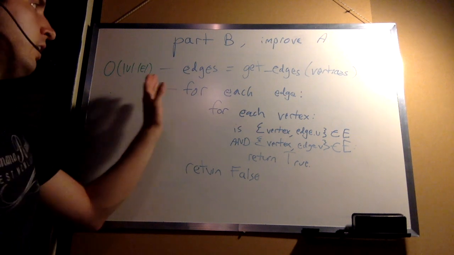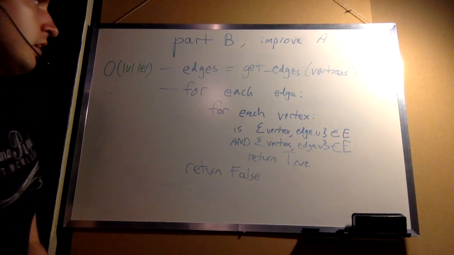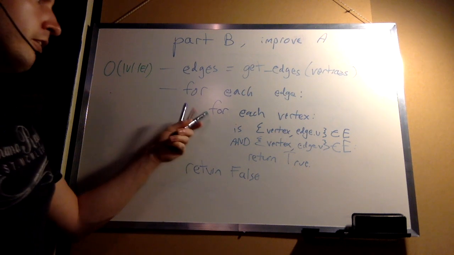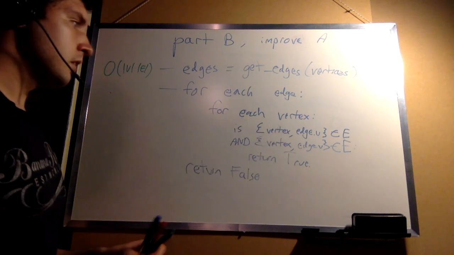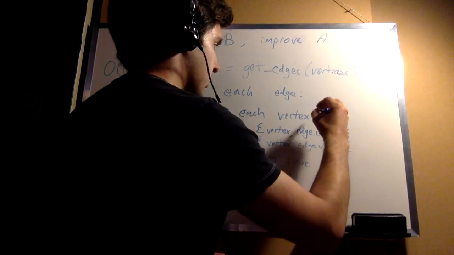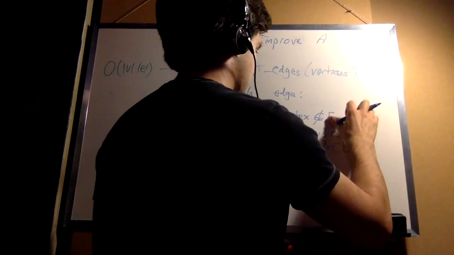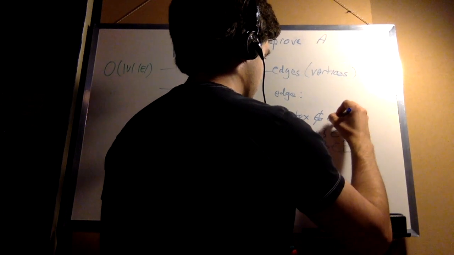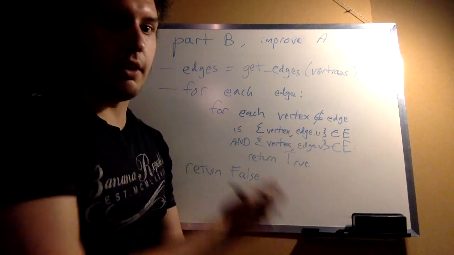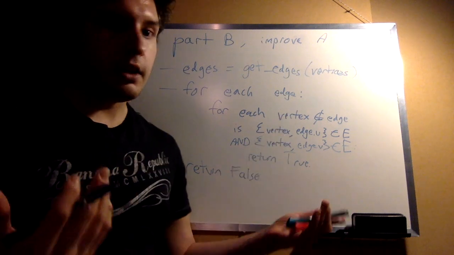So just to reiterate, we're getting all of our edges. We do that in O of V times E. Then we iterate through all these edges that we just got. And then for every vertex, we should say it is not in the edge. So we want to make sure the vertex is not either side of the edge, because if there was an edge connecting it to something else in that edge, then that doesn't tell us anything.